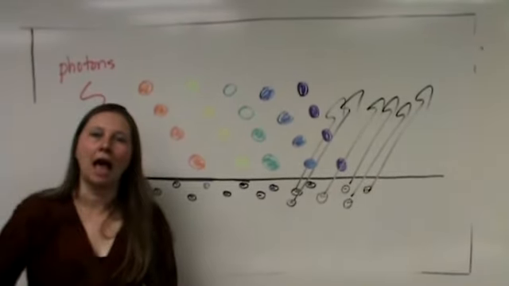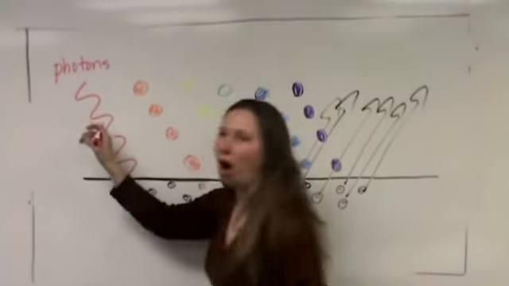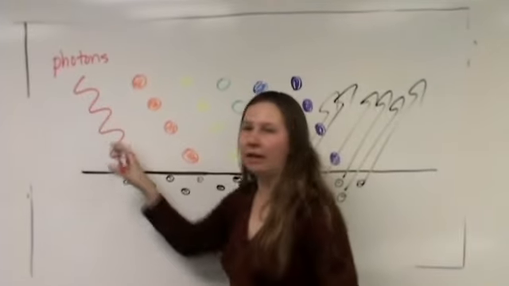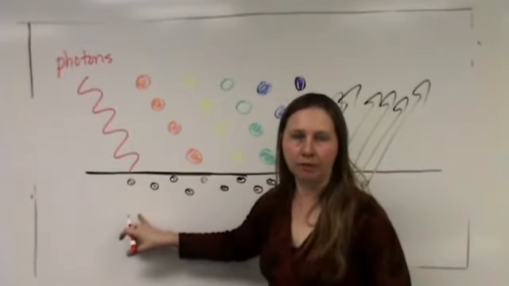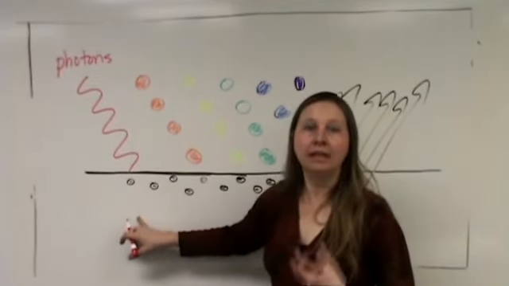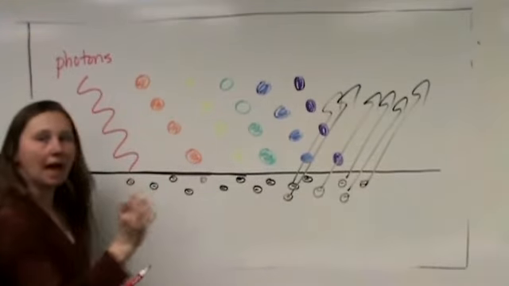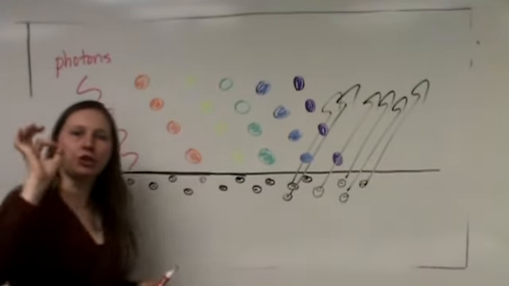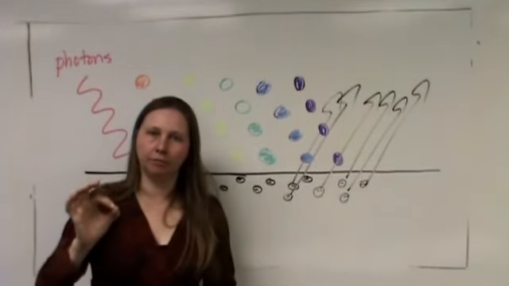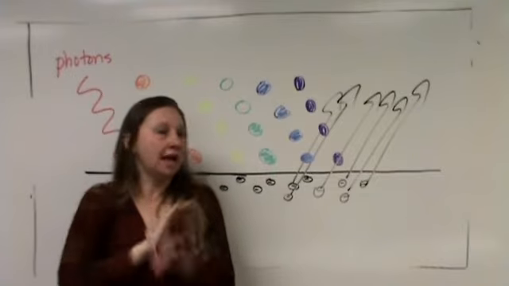But that's not what happens. No matter how long we shine the red light on the metal, the electrons are not ejected. So that proves that light comes down in a discrete little particle called a photon, and that's it.